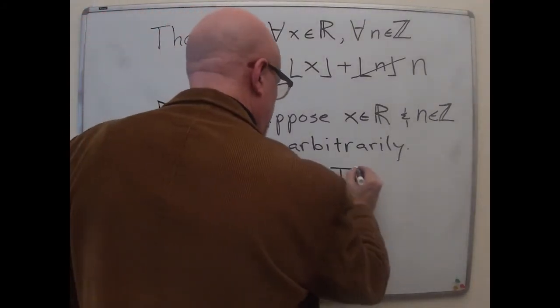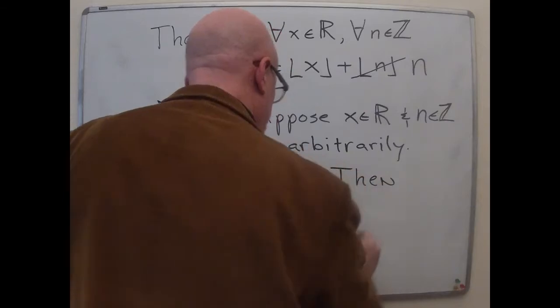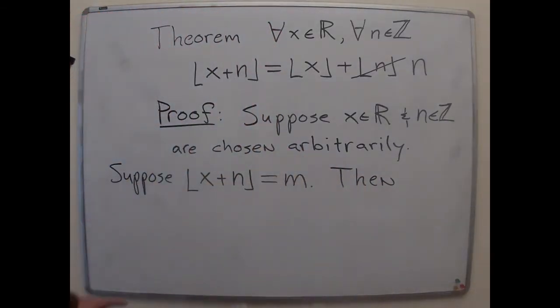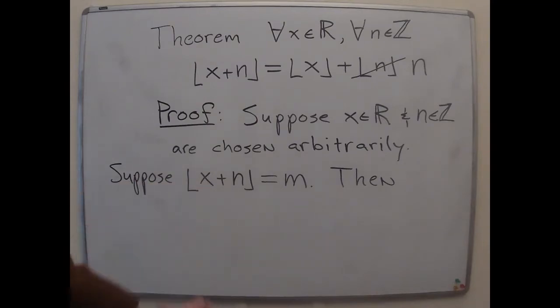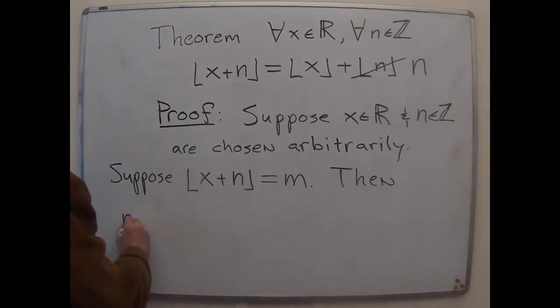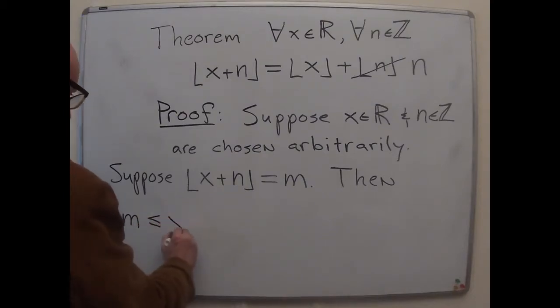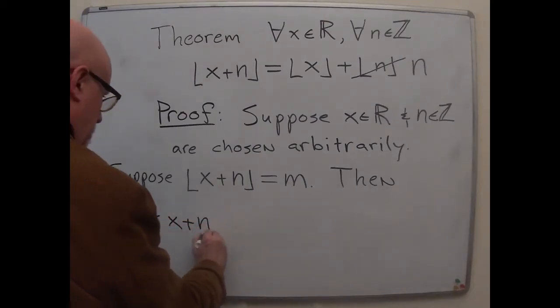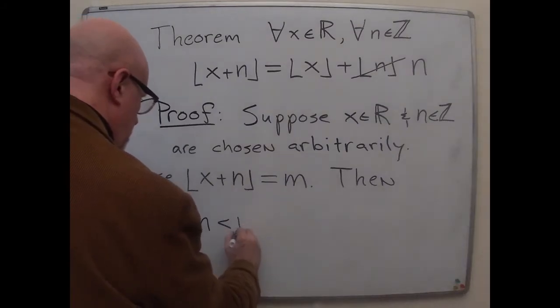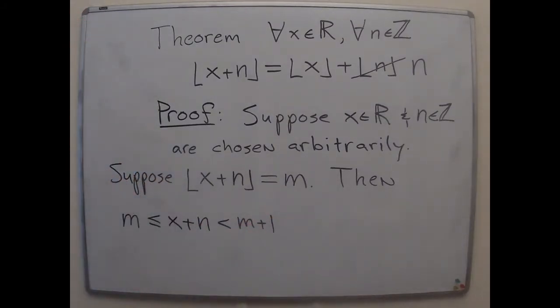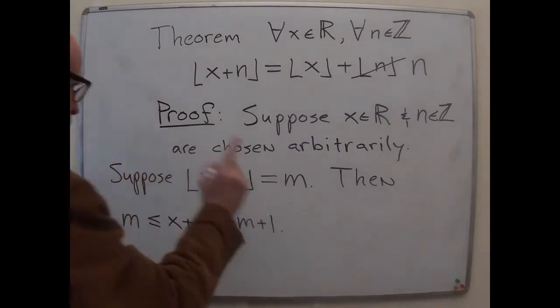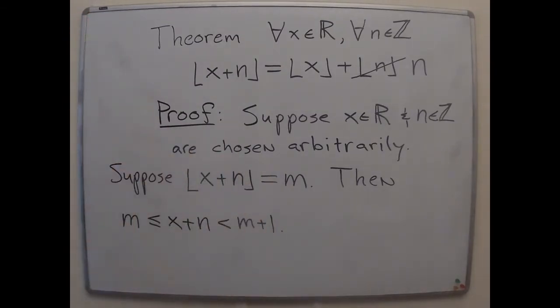Now we'll put a then in. What I want to say is that x plus n here satisfies that inequality that the floor tells us. Then m is less than or equal to x plus n, which is less than m plus 1. Cool. That's just from the definition of what the floor is.